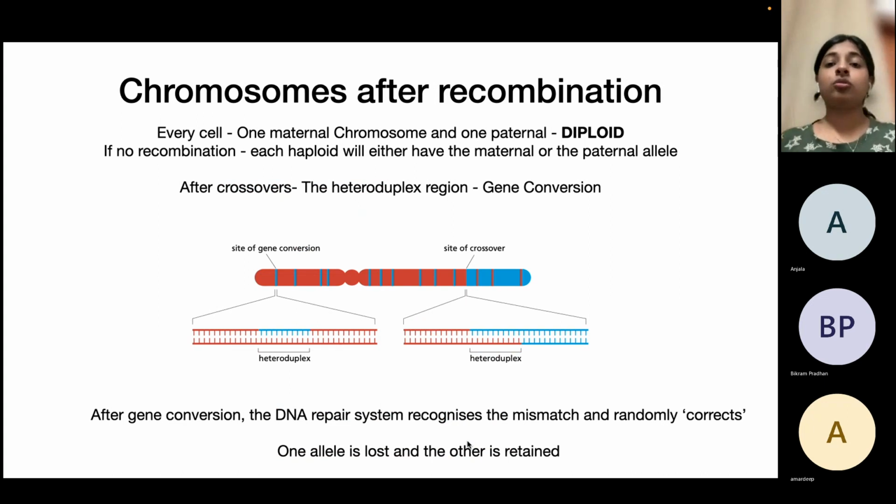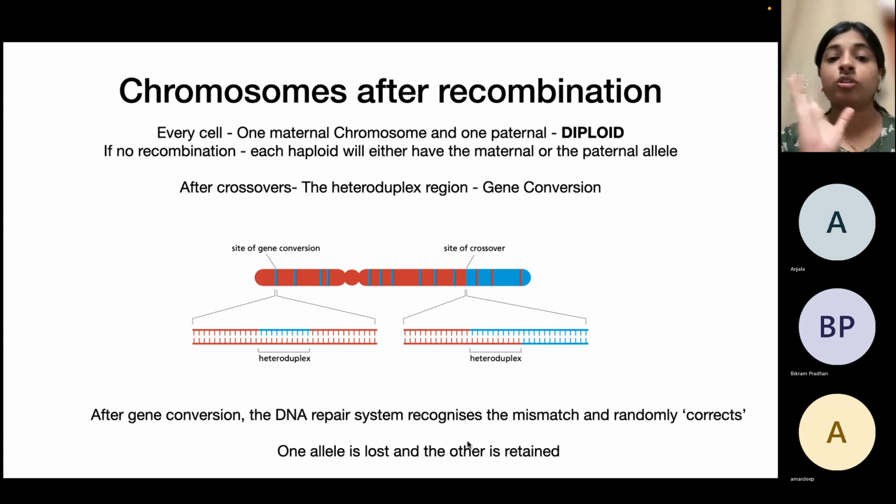So how does the chromosome look after recombination? Like we've discussed over and over again, every cell has one maternal chromosome and one paternal chromosome. This is what is known as a diploid state. If there is no recombination that happens, then each haploid will either inherit the same maternal chromosome or the same paternal chromosome.